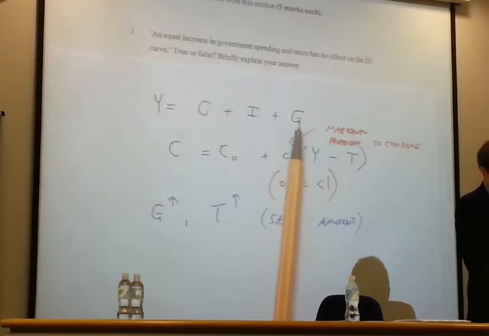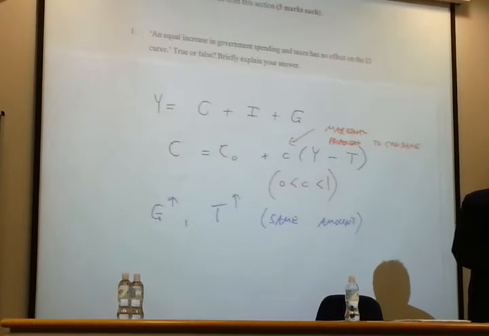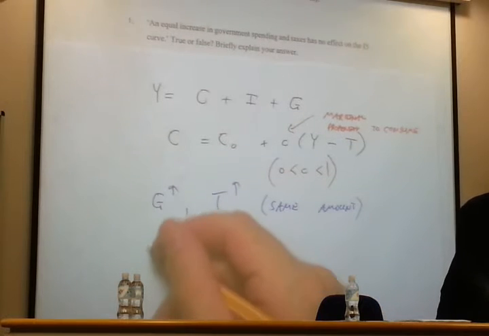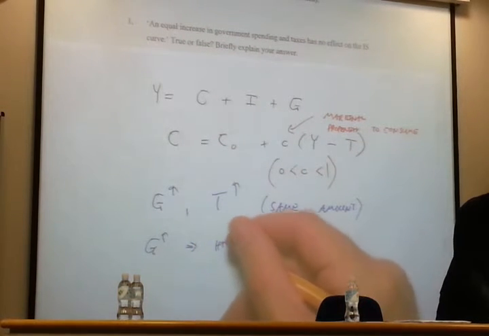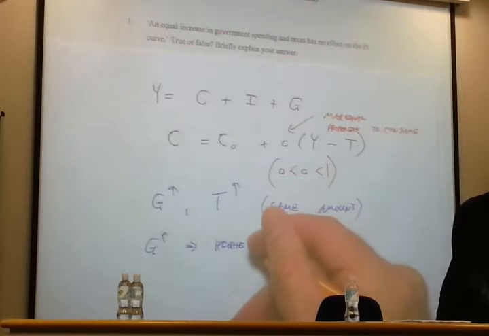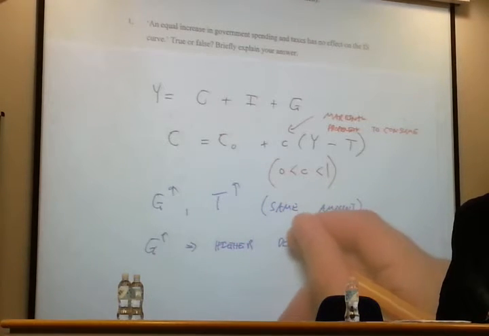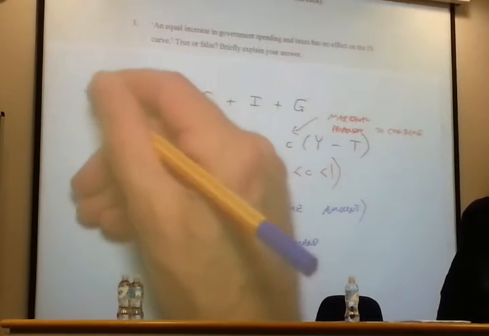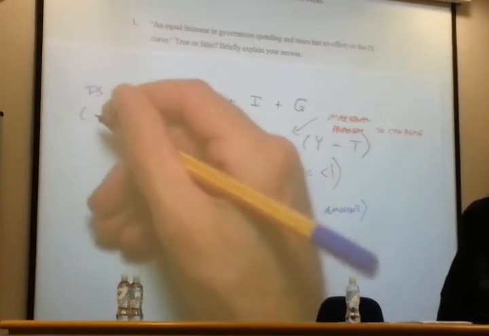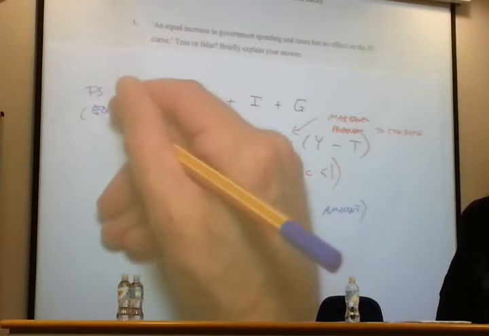High government spending will raise demand. Higher taxes will do what to demand? This originally was the IS curve, the goods market.